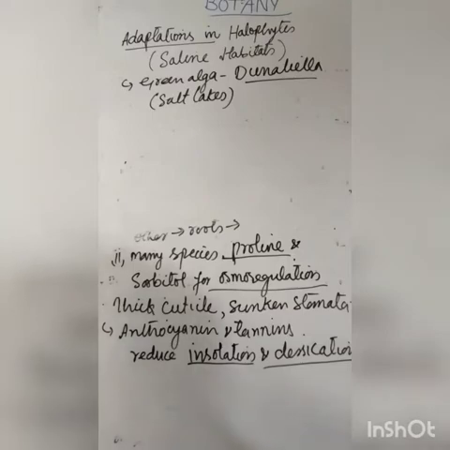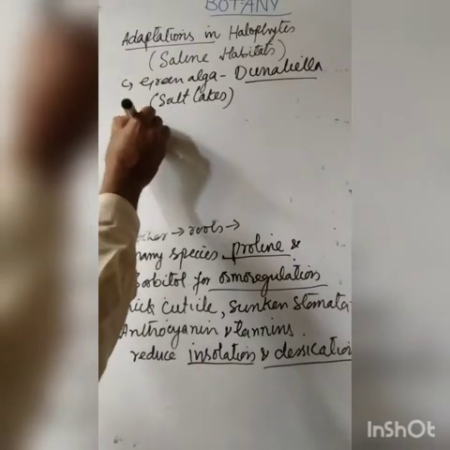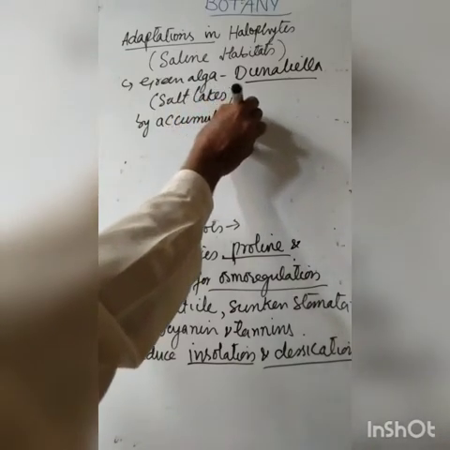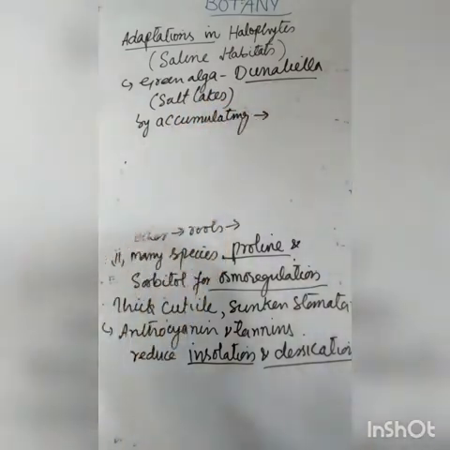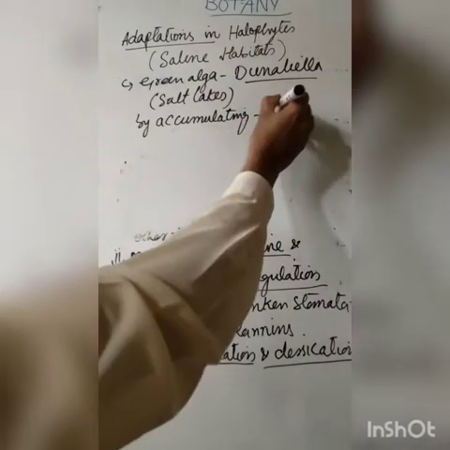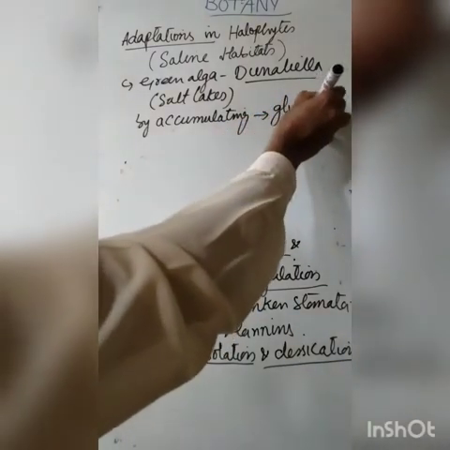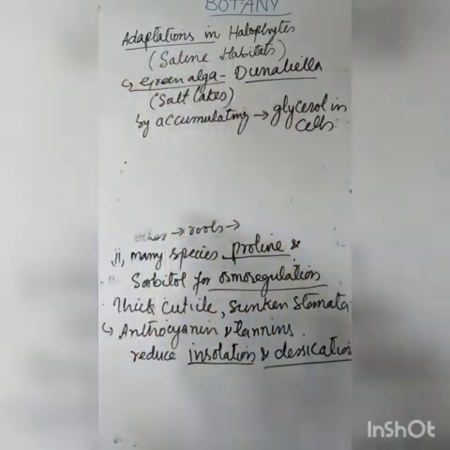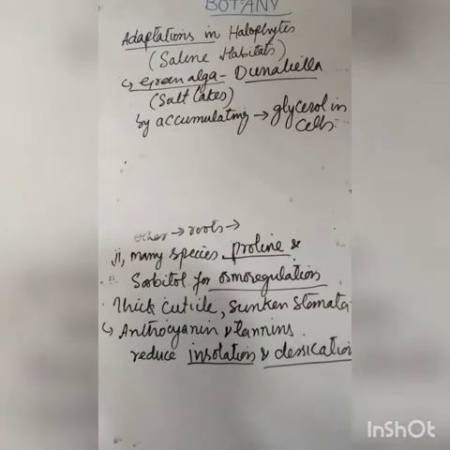It tolerates saline conditions by accumulating glycerol in its cells. There is a green alga found in the salt lakes, Dunaliella is its name, and it protects itself from higher salt concentration by accumulating glycerol in its cells.